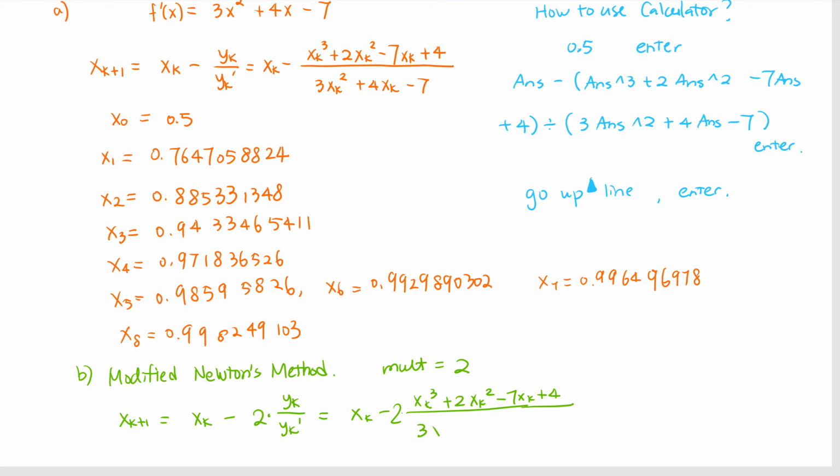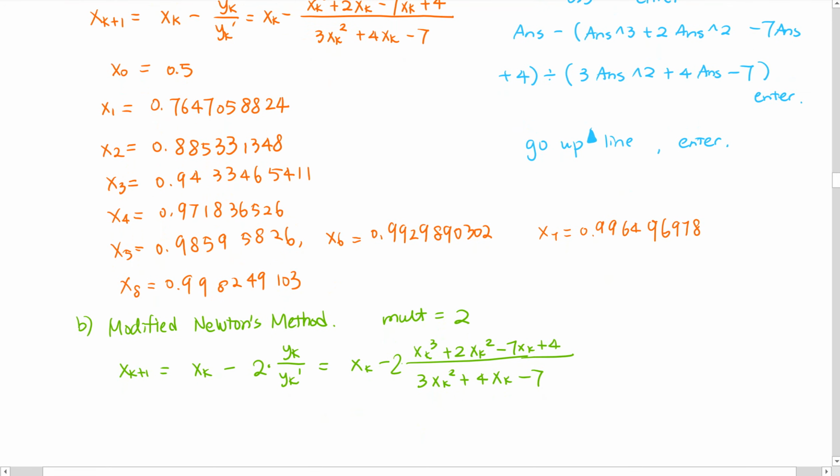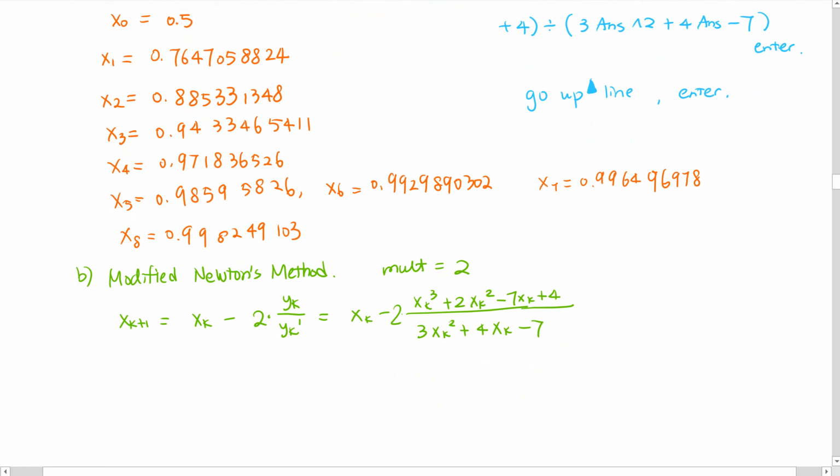Okay, so far so good, everybody? All right. So x0 is 0.5. And now what's x1?